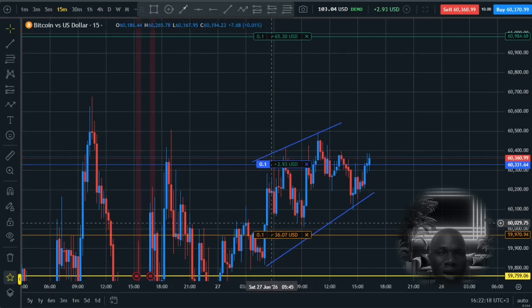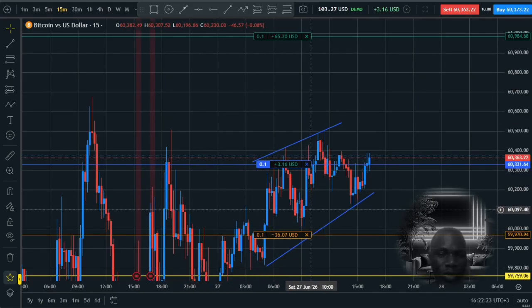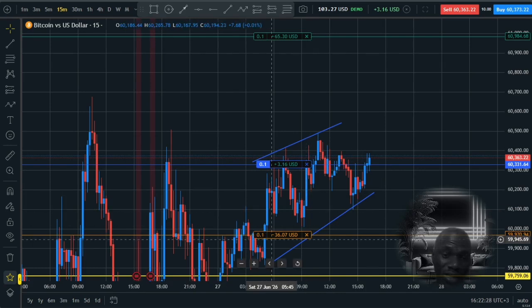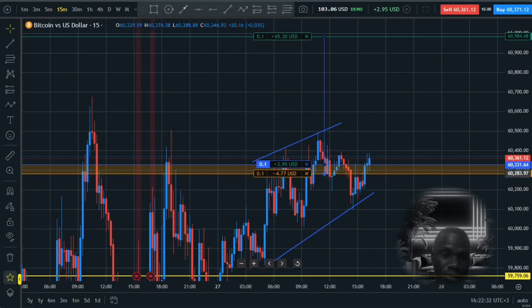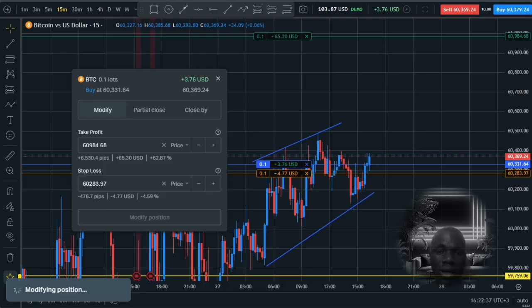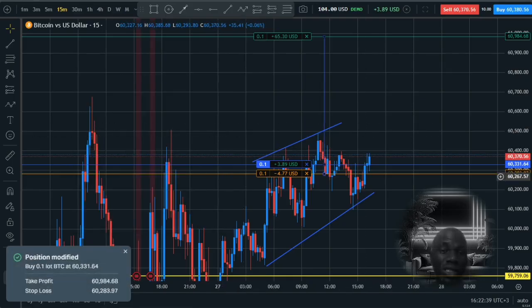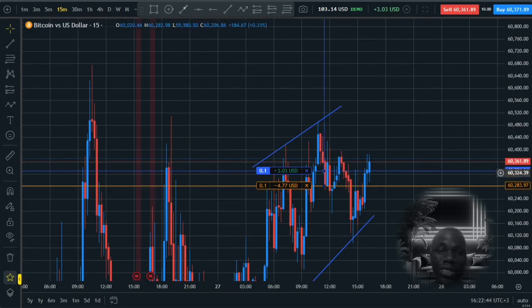I'll come to risk management first before profits. I'll have to reduce my stop loss now to around $4. This is what we call risk management.